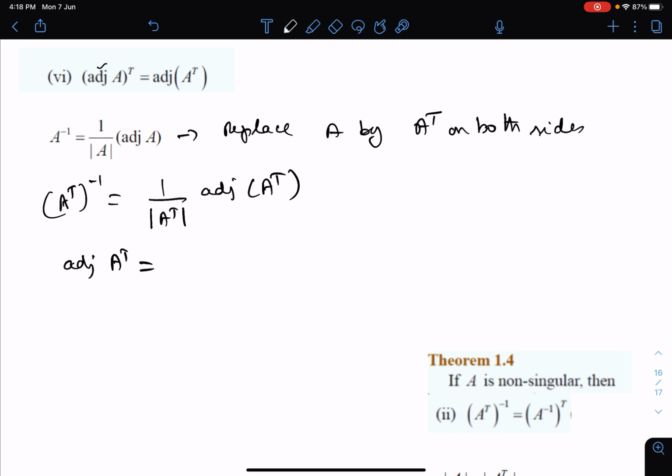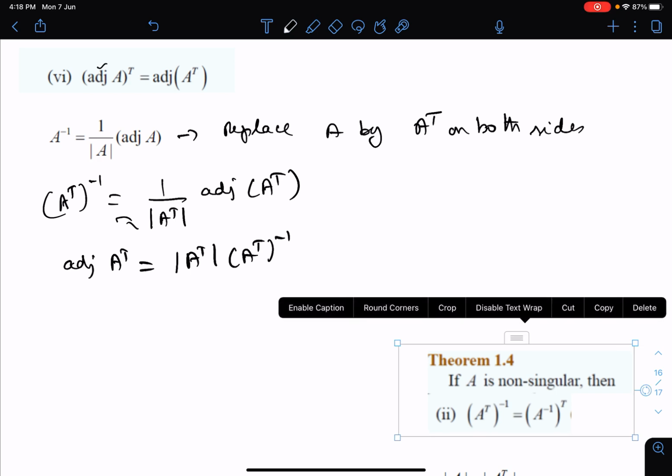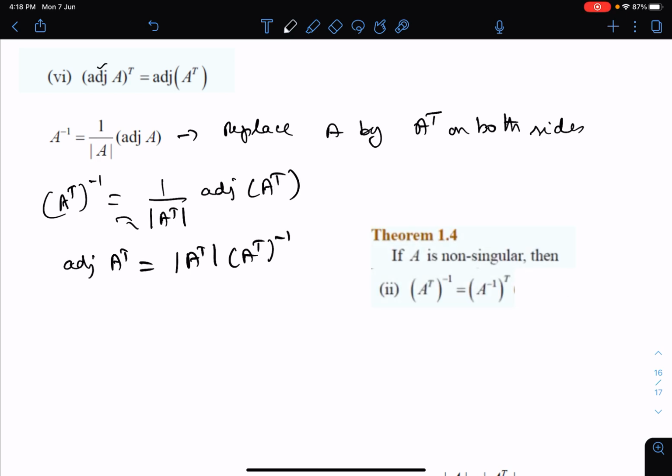You take this determinant and cross multiply, so you will get determinant of A transpose into A transpose the whole inverse. Now A transpose the whole inverse, from theorem 1.4 which we have seen earlier, you can put as A inverse whole transpose.